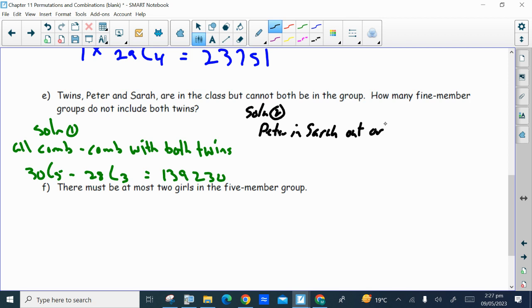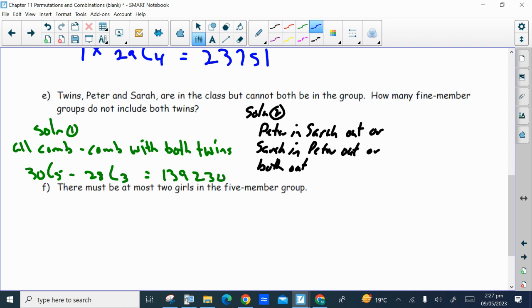Or Sarah in, Peter out is another possibility. Or both out. These are the only things that can happen in this case because they both cannot be in the group.